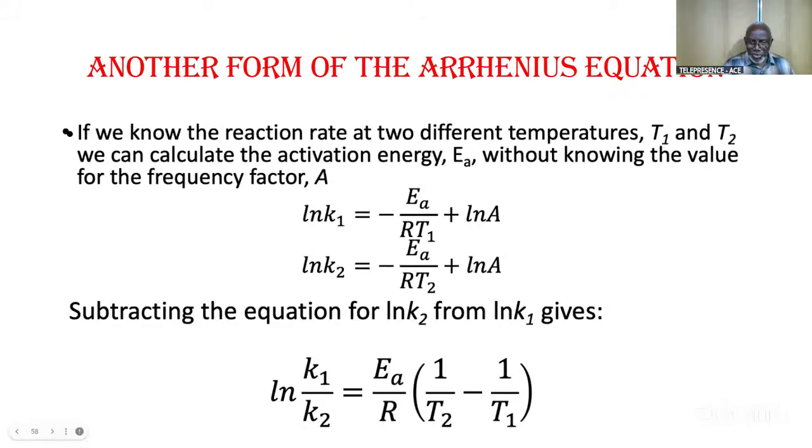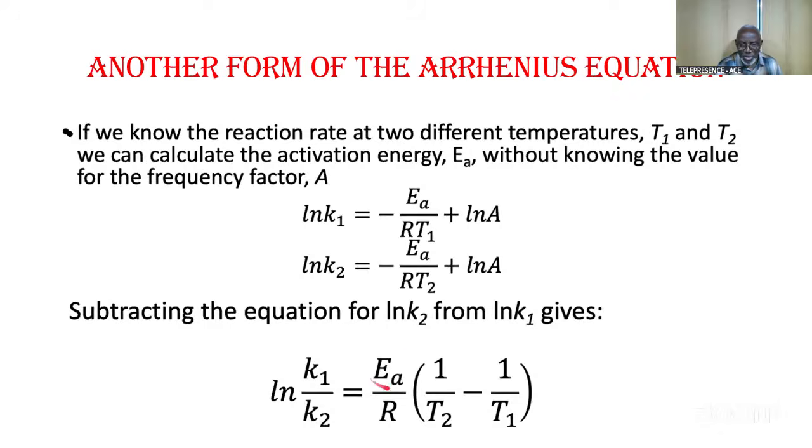So I want you to try it and be able to see how this one gets to this one. With this one, you discover that if we subtract this one from this one, this will cut this one out. And so we don't need to know frequency factor A before we get the Arrhenius equation, unlike the other method we used, where we have to know the frequency factor.